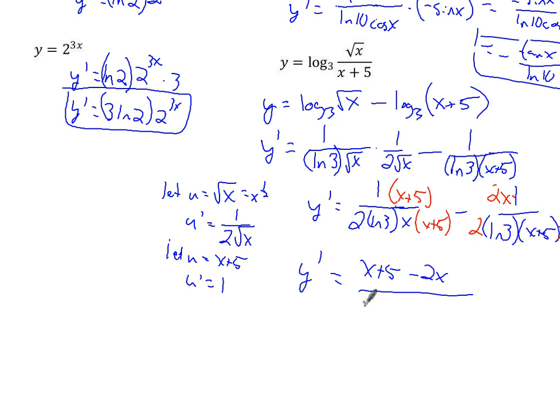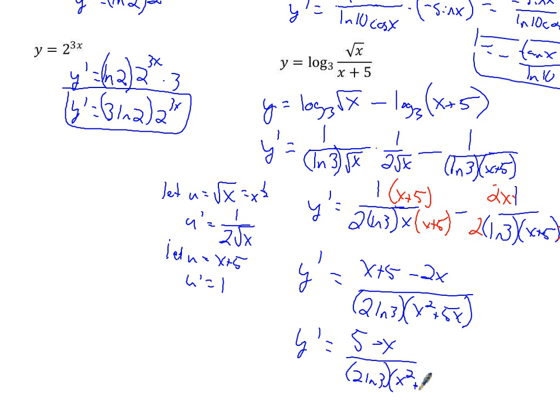So I have 2 natural log 3 times x squared plus 5x. So that's a constant times some stuff. Okay. And then y prime equals, combine like terms here, looks like 5 minus x to me over 2 natural log 3 times x squared plus 5x. Good enough right there.